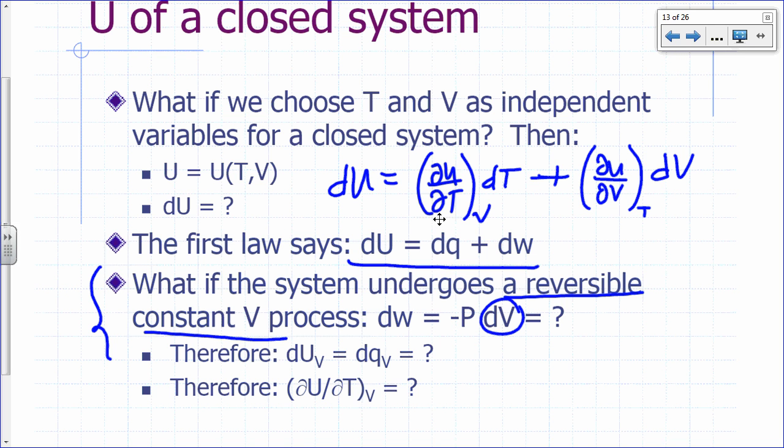The volume doesn't change. What's dV? 0. So work is 0, right? So we say then that dU is just equal to dq. But what is dq at constant volume? That's just Cv dT, right? Heat capacity at constant volume times dT at constant volume. That's your dq. So that means what?